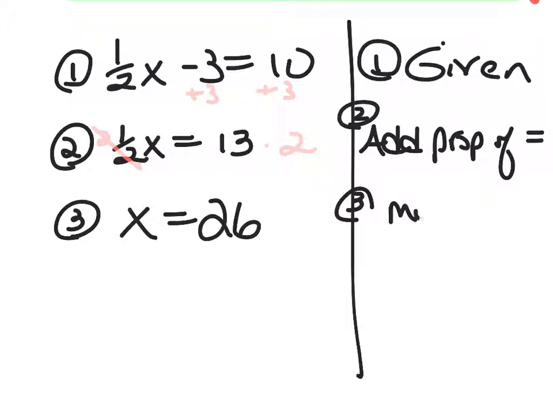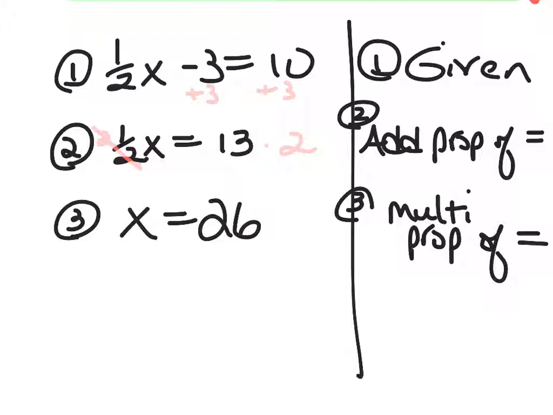Which is the multiplication property of equality. So basically what you're doing with these algebra properties is you're going to solve an equation and justify each step in your solving process. So you do have to do it step by step. Any questions on these algebra properties?